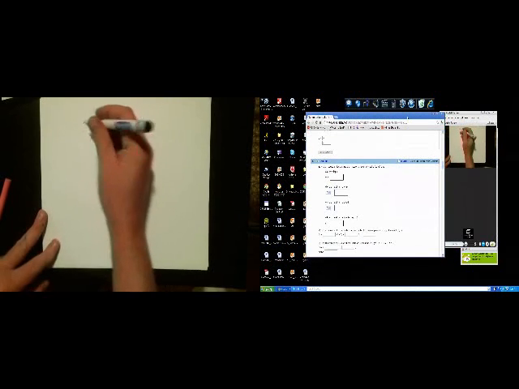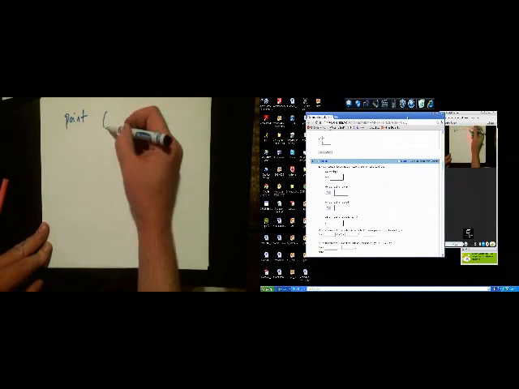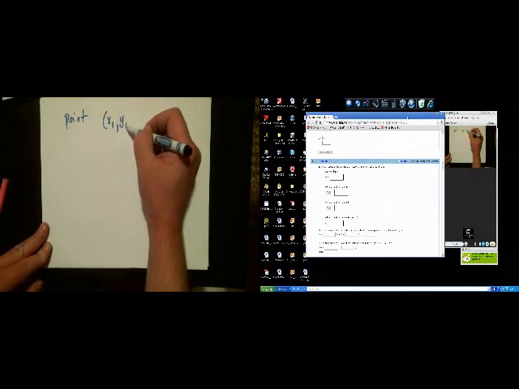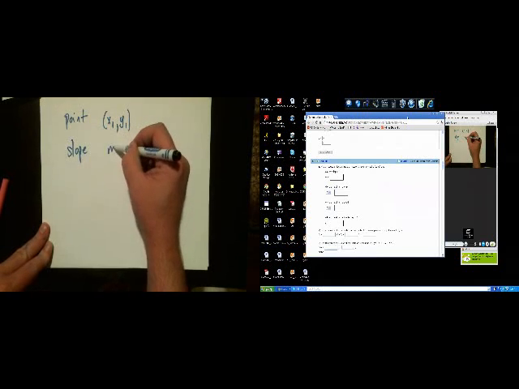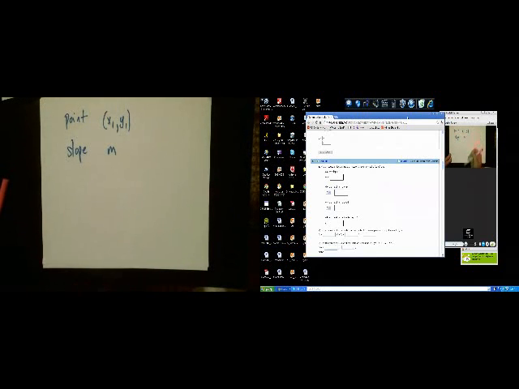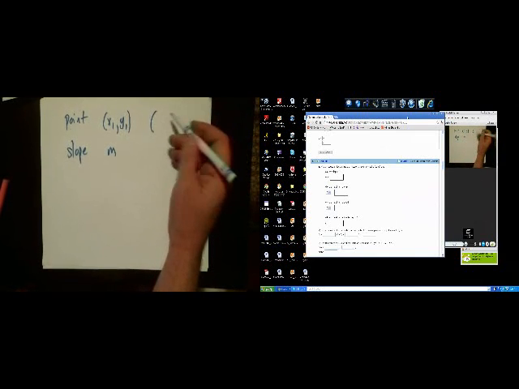So if you have a point, we'll call it x1, y1, and you have a slope, which is m. I'll go with a concrete example.